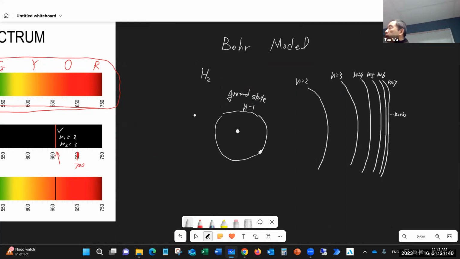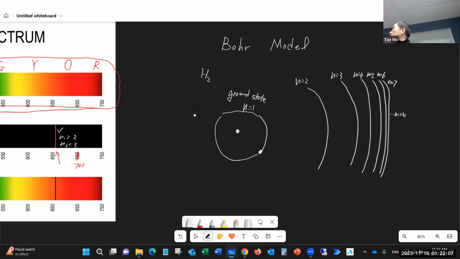So the electron, once it's excited, is going to jump, just like when you eat too much sugar. What do you feel? Sick? Yeah, you feel very sugar high. Okay, so it's the same thing. You're very excited and you cannot stop. So the electron does the same thing.